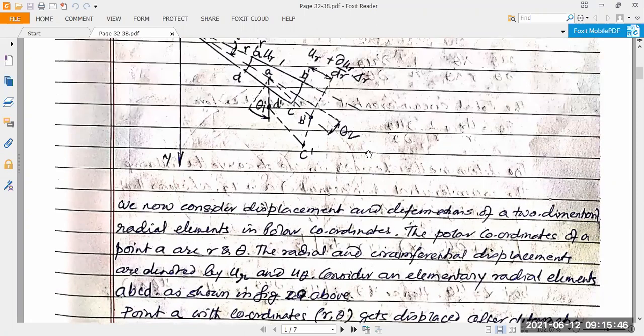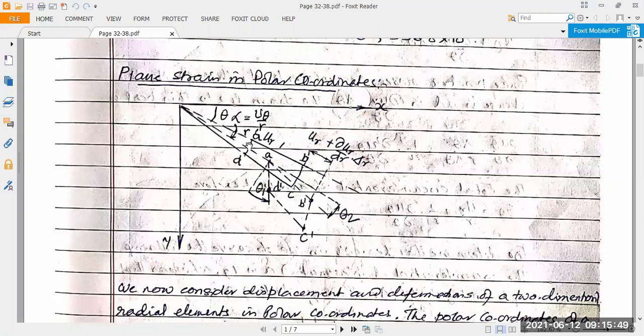It is on the same line from O to A. So the line from O to B is the same line over O to A but extended up to B.